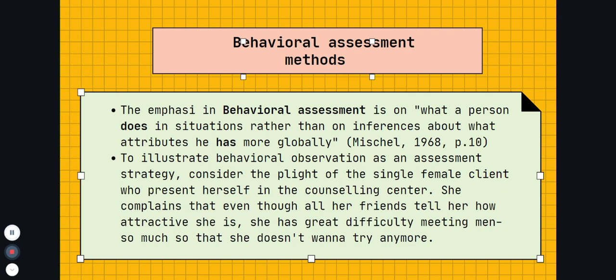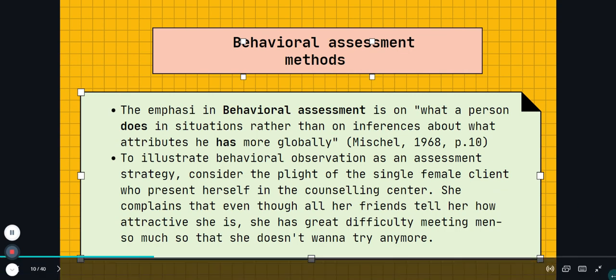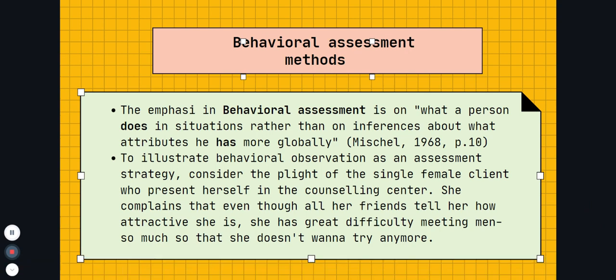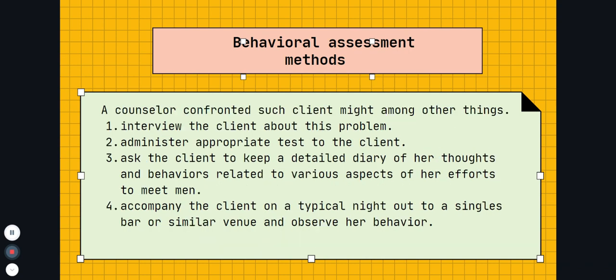So to illustrate behavioral observation as an assessment strategy, consider the plight of the single female client who represents herself in the counseling center. So she complains that even though all her friends tell her how attractive she is, she has great difficulty meeting men, so much so that she doesn't wanna try anymore.